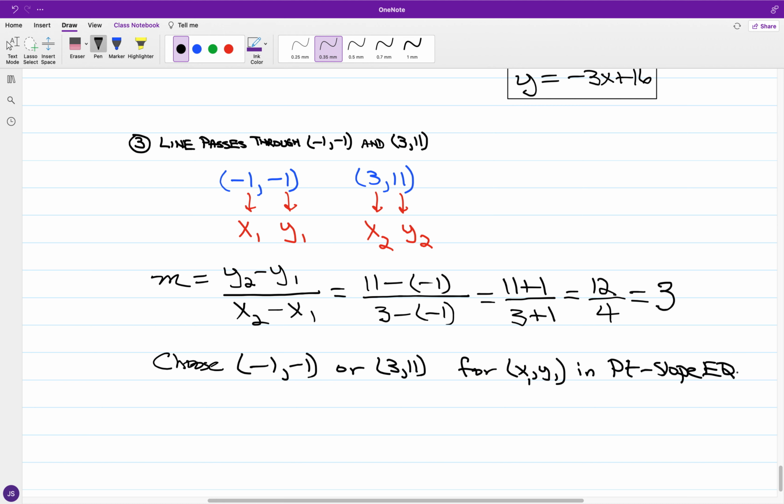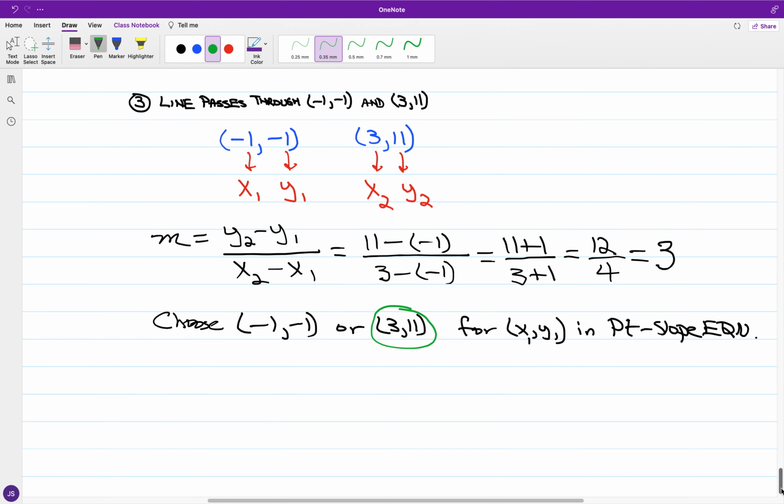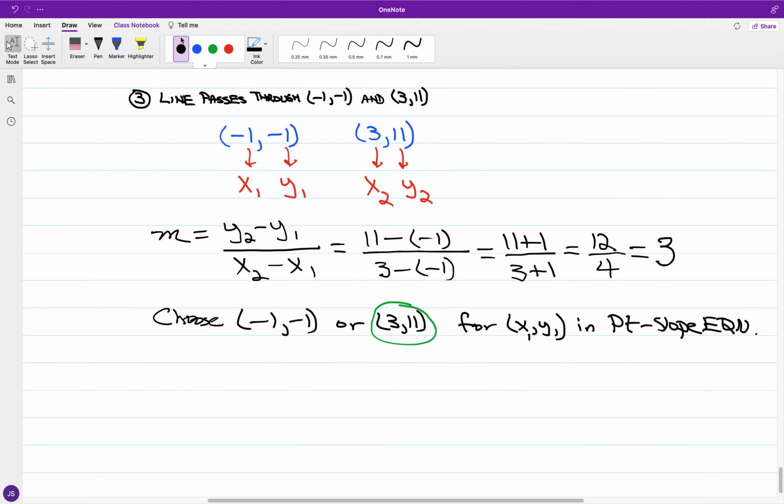Again, either ordered pair will work, and I say perhaps the more popular choice is to not work with negatives any more than necessary. We could go with 3, 11. And so just creating a backdrop, say y minus y1 is equal to the slope m times the quantity of x minus x1, and just looking at what we have for the numbers.